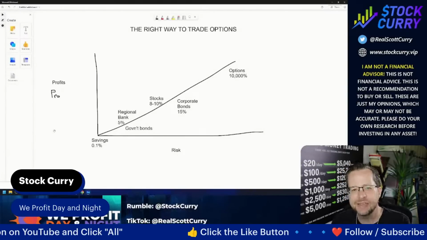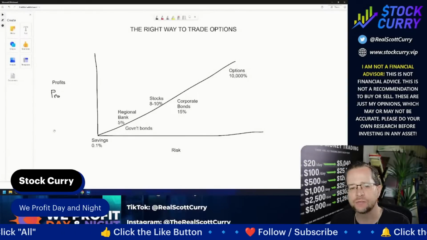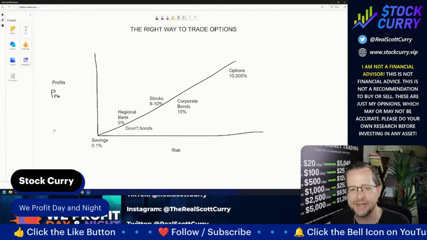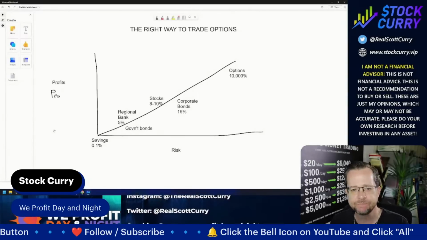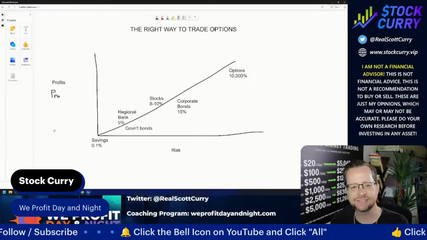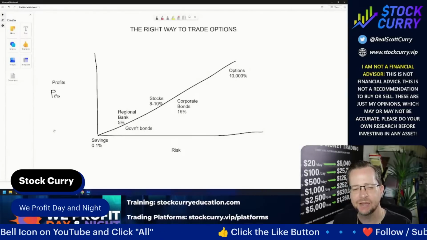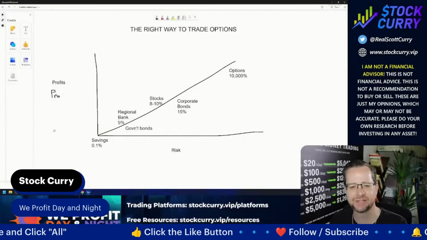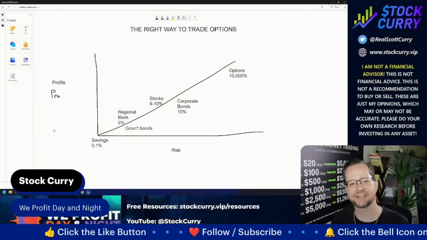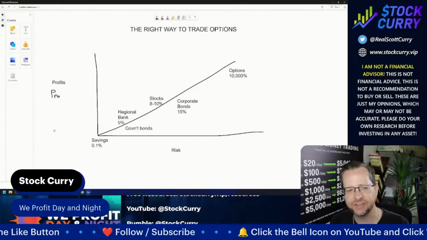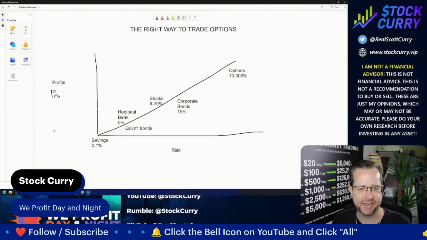So think about this for a second. If 90% of options lose money when you buy them, that means 90% of options make money when you sell them. Think about that. When you buy an option, you're buying an option from somebody.